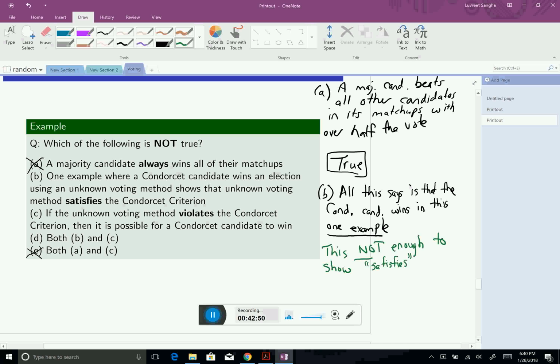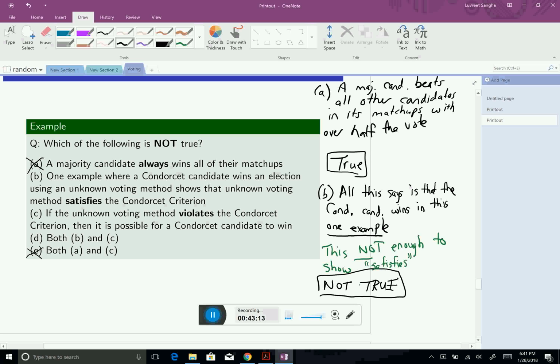So what that means is B is not true. Switch back to black. So B is not true.